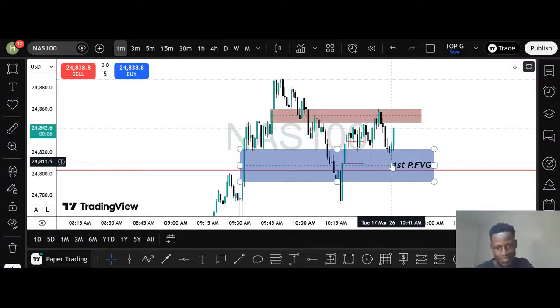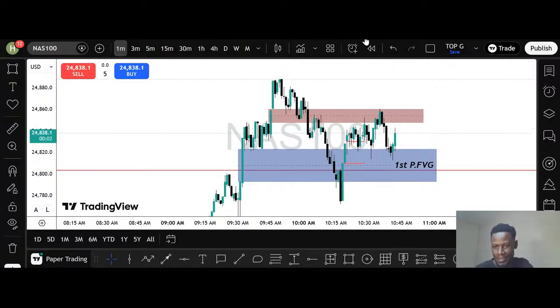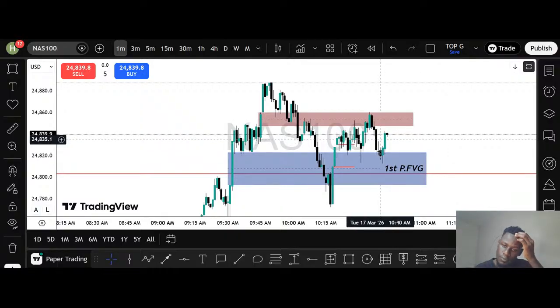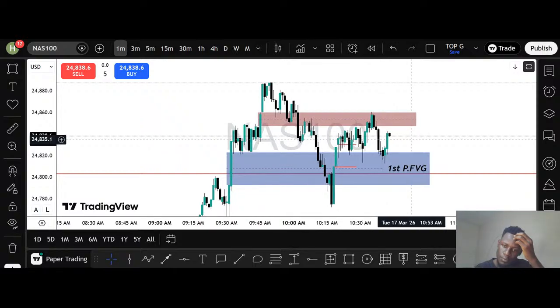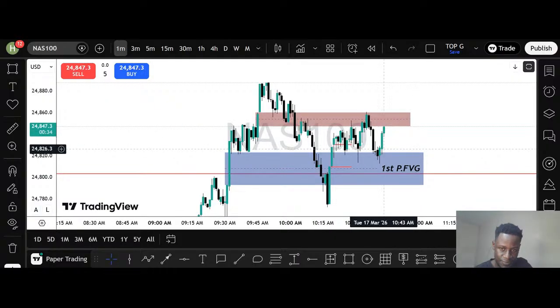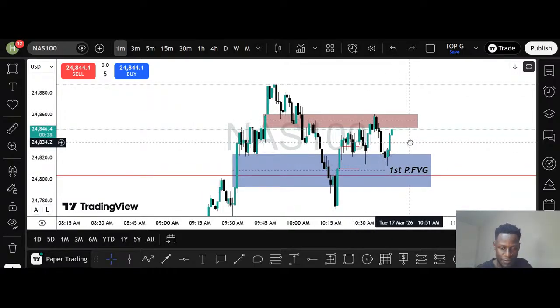Okay, so after taking me out now, it wants to pump. So crazy. But then if it can trade back into this level again, which I doubt. So in here, you can now start framing also another setup.